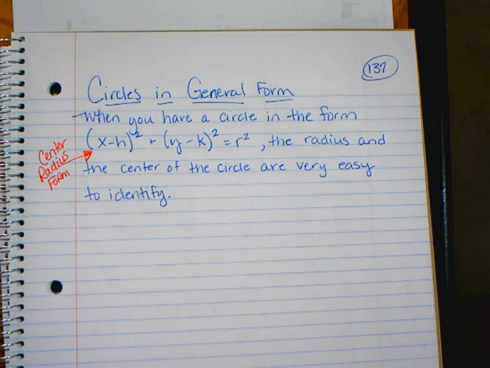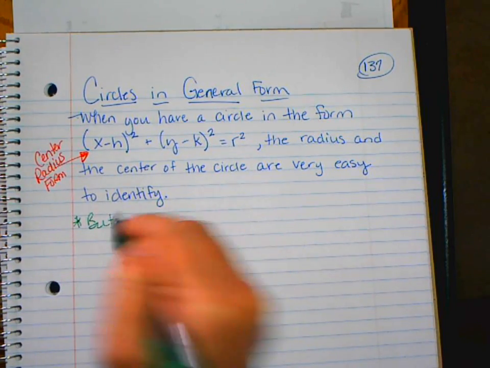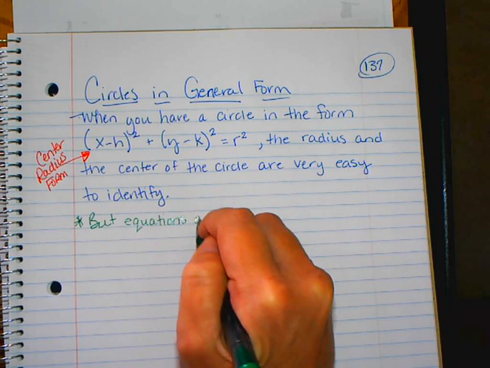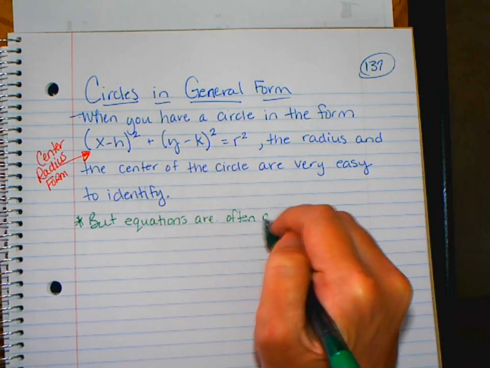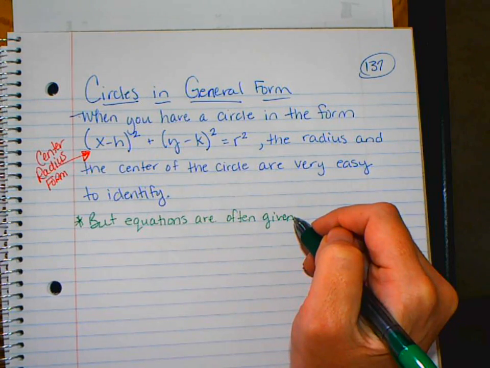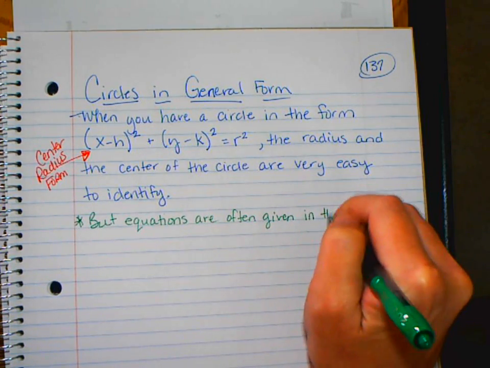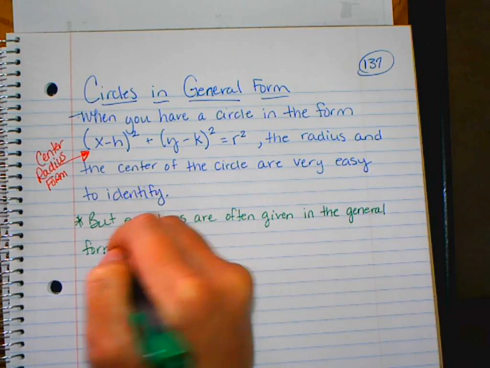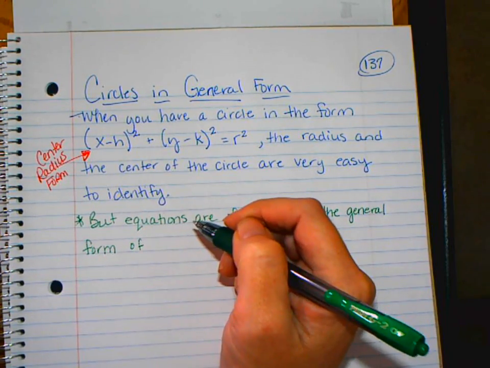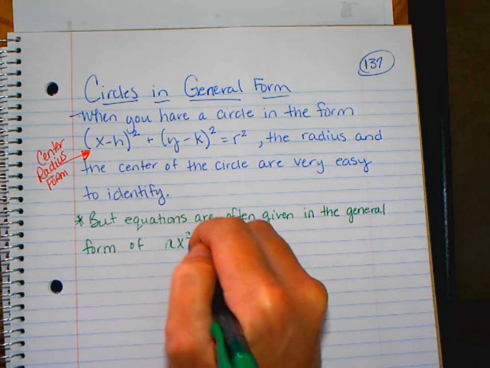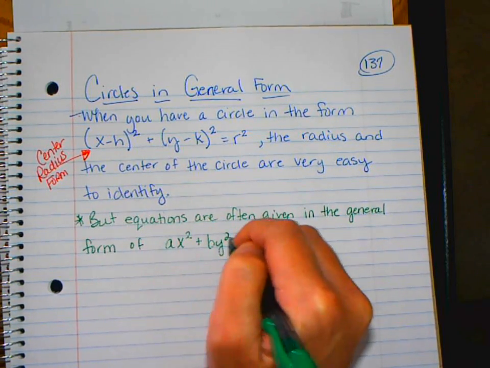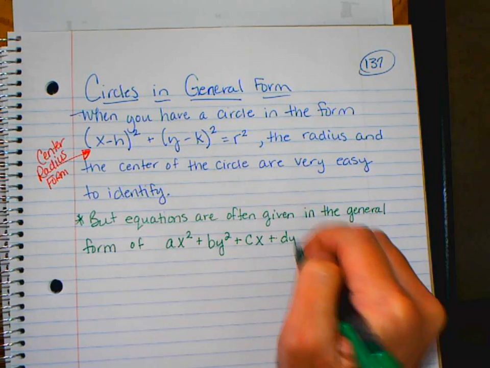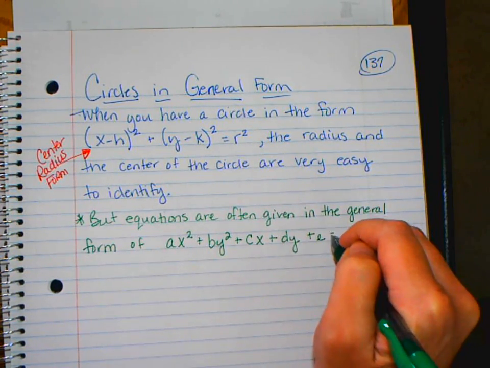But equations are often given in the general form of, y'all are going to think this is crazy, ax squared plus by squared plus cx plus dy plus e equals 0.